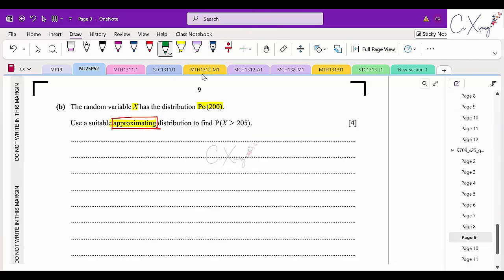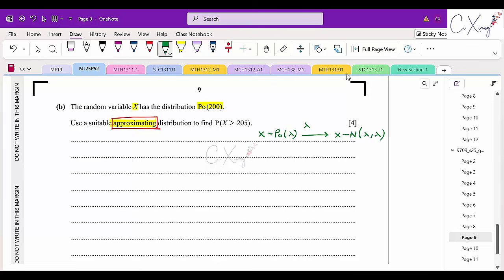Now in our A2 syllabus, for Poisson distribution, we can change it to normal distribution. Both the mean and the variance are the same, where they are both lambda. Mean equals lambda, variance also equals lambda. What is the condition for us to change Poisson to normal distribution?